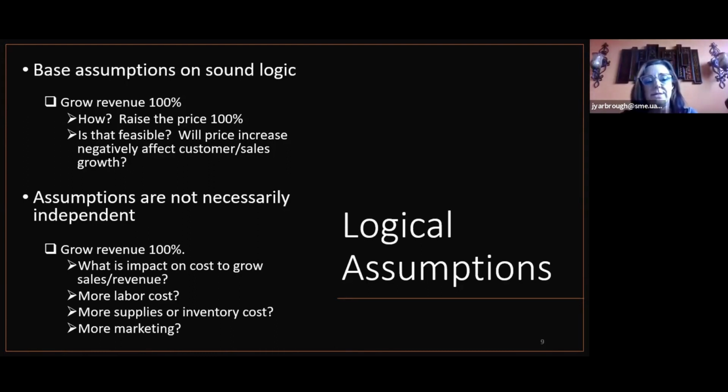We need to think about the impact on our cost to grow that sales or revenue. Are we going to have more labor? Are we going to have more supplies? Are we going to have more marketing? So for every dollar of revenue that we think we're going to increase from whatever our process is to get new revenue, are we going to be incurring some incremental costs in order to produce that incremental revenue?